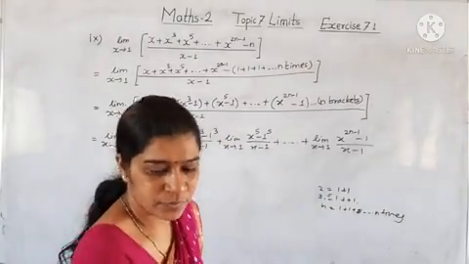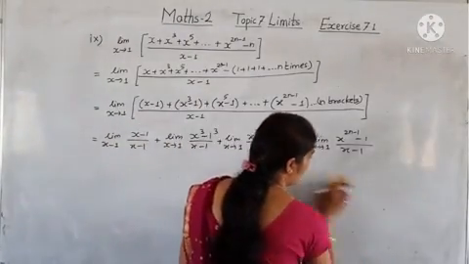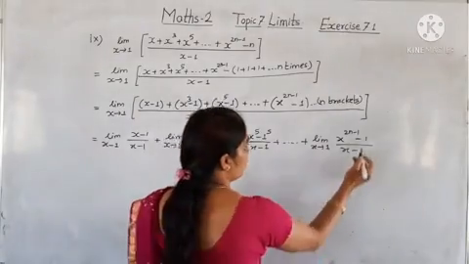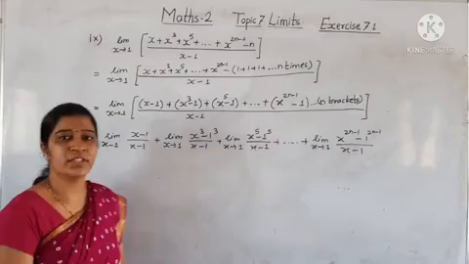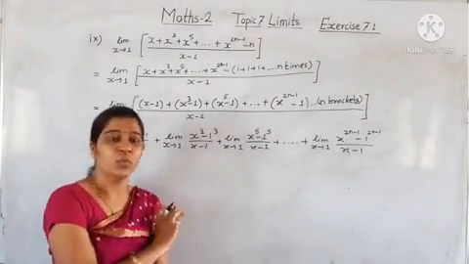Now here we write 1 as 1 raised to n, 1 raised to n minus 1. 1 raised to something is always 1.